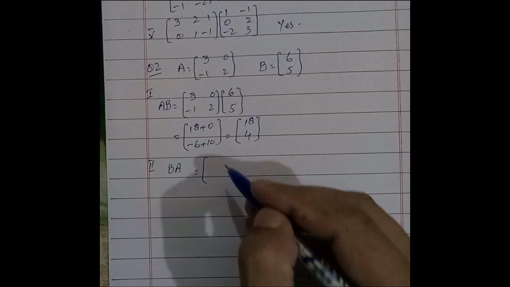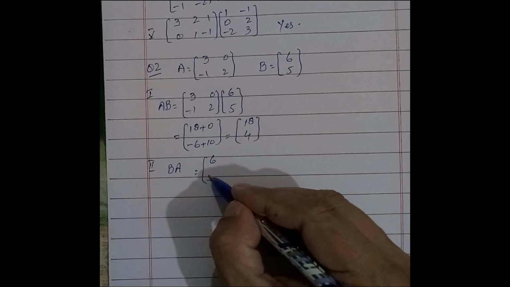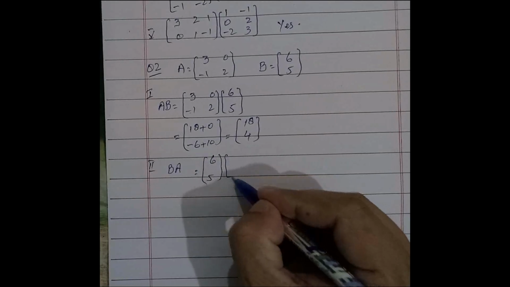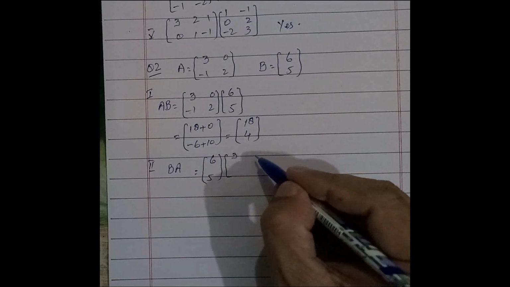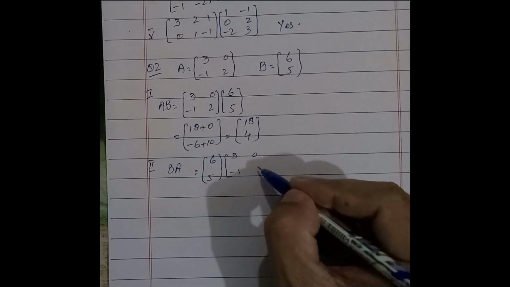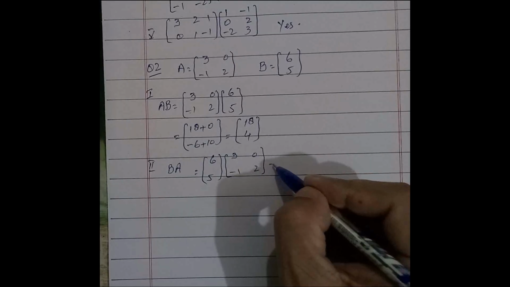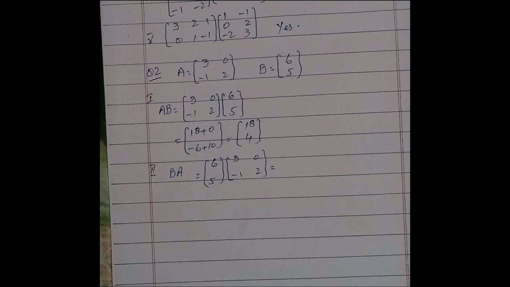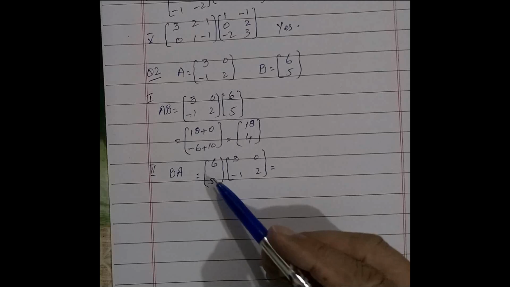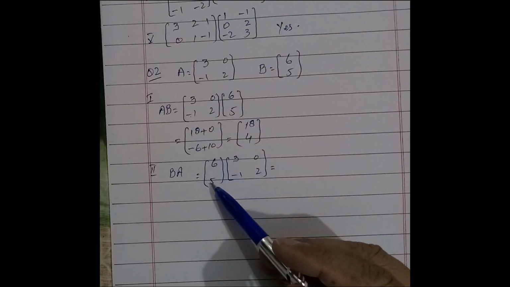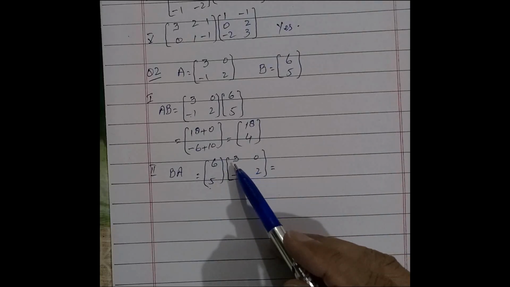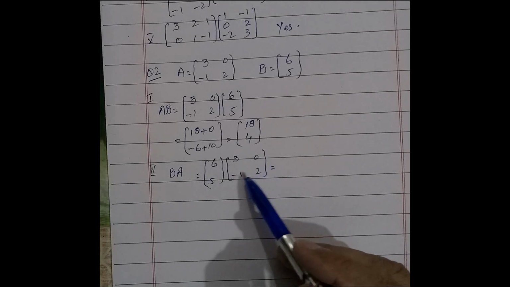First we write the matrix B, which is 6 5, and A is 3 0 minus 1 and 2. According to the law, the columns of the first matrix must equal the rows of the second. The first matrix has one column, but the number of rows of the second matrix is 2.